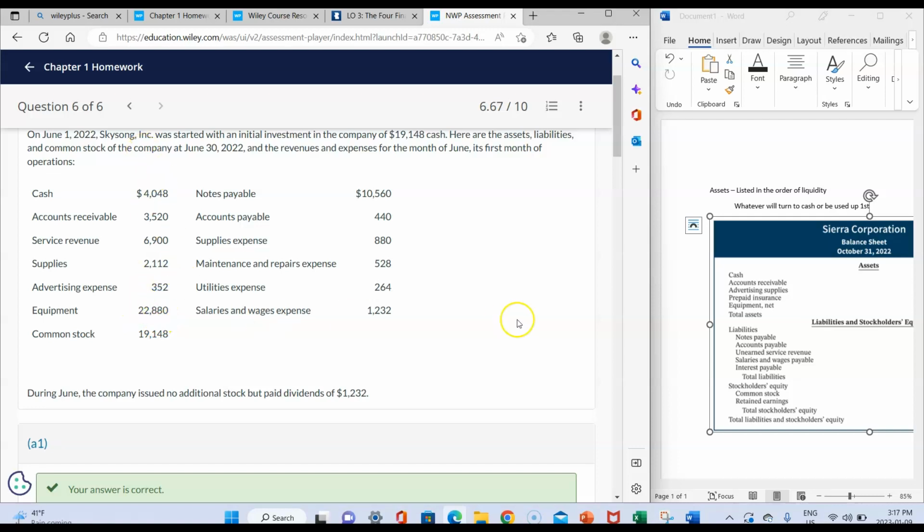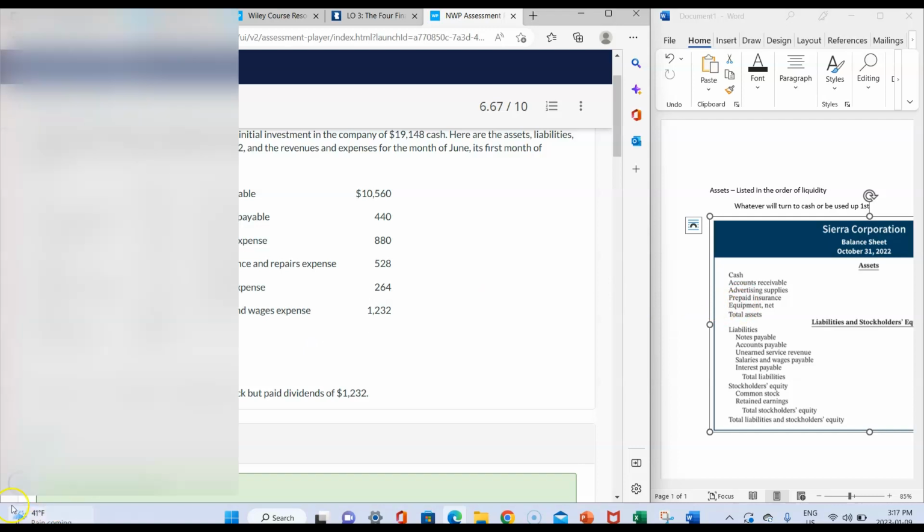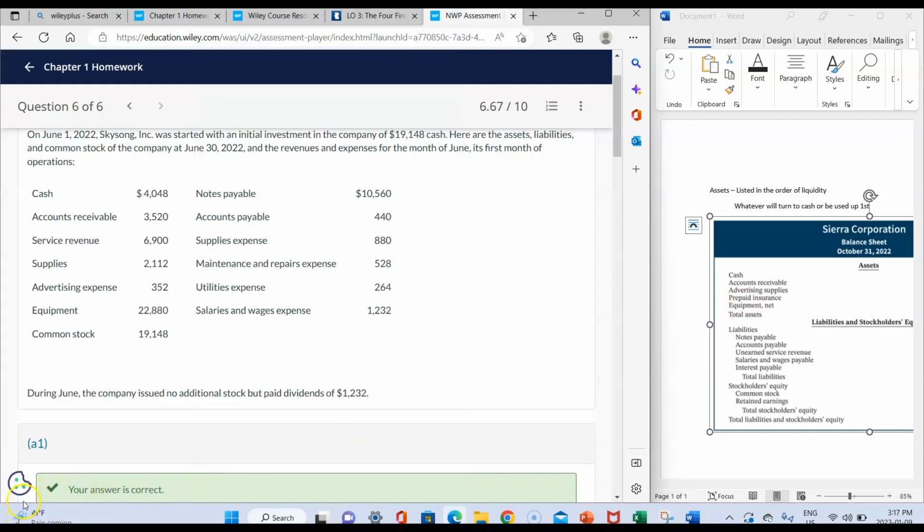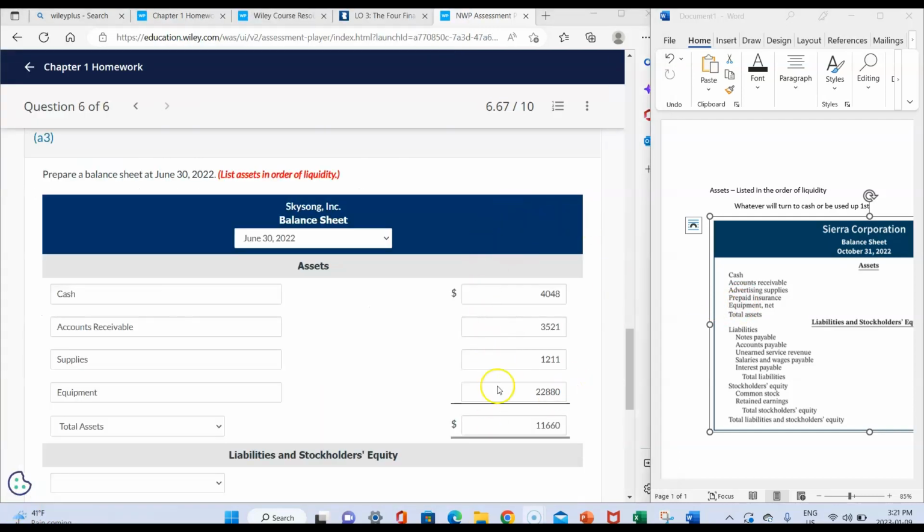So watch the order. Again, the example in the book is a really good reference. So I've gone up, got the relative values, and totaled up my total assets once they are listed in the order of liquidity. Yay!